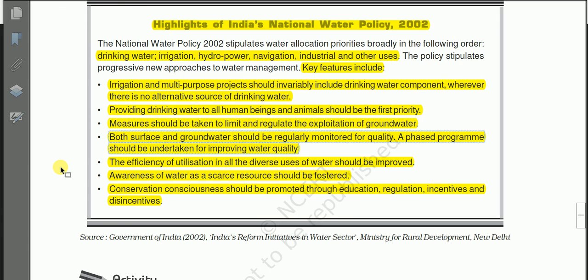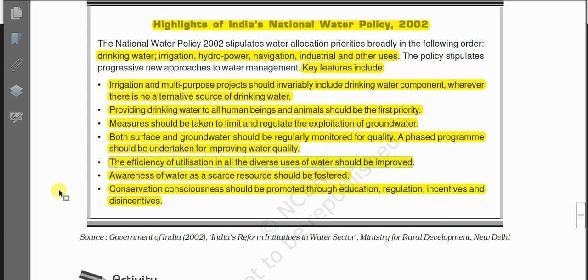We have the Central Pollution Control Board and State Pollution Control Boards, and they are doing the same. A phased program should be taken for improving the water quality also.